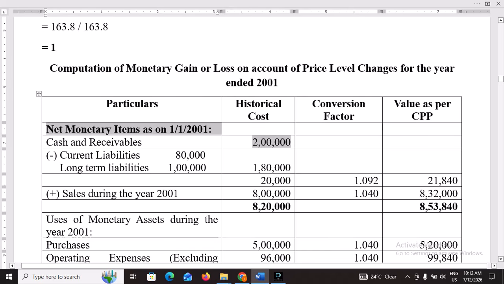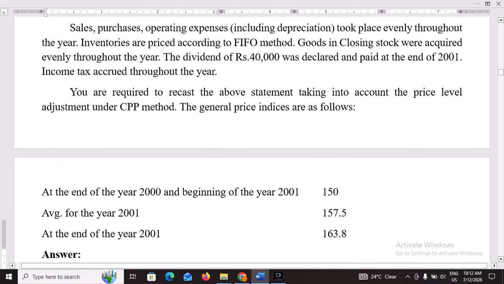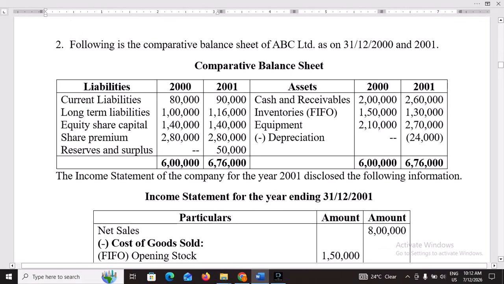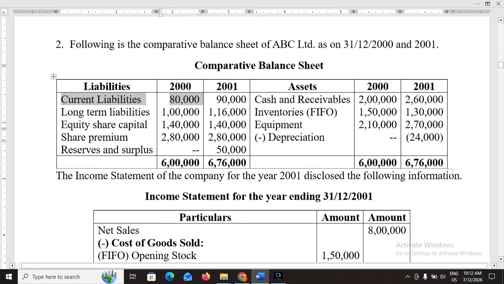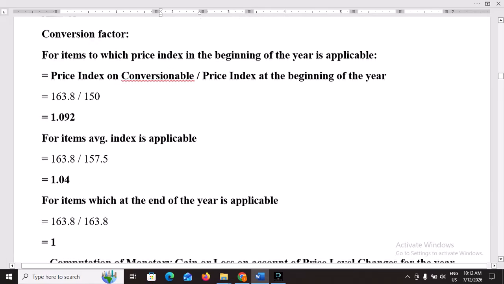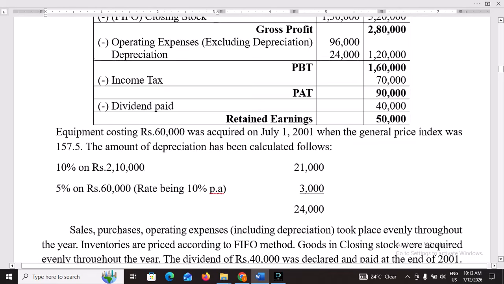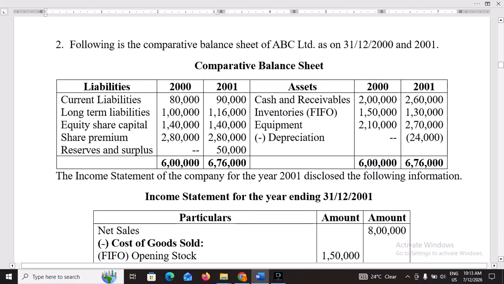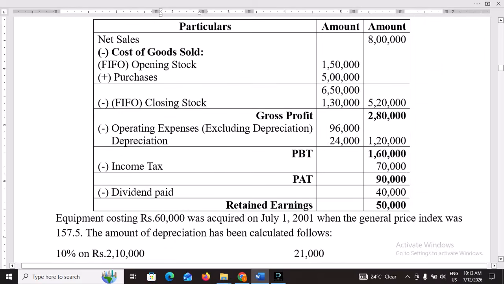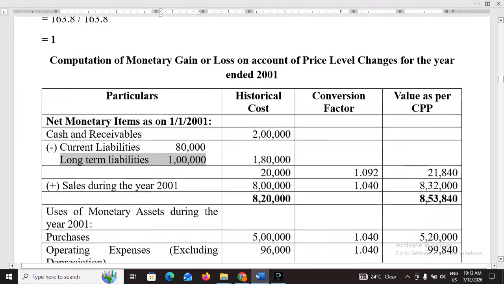Less current liabilities. Current liabilities opening balance is 80,000. Next, long term liabilities is 1 lakh.